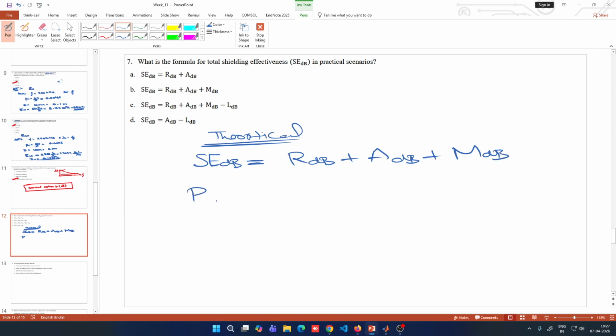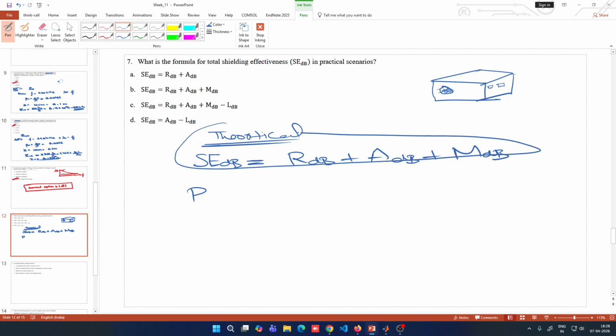But in practice, nothing can be a completely filled box, like a complete box which surrounds everything. If you see our PC, like our CPUs, they have fans, Type C, Type A USB ports, and cooling vents. So this theoretical analysis won't hold true because there will be leakage also.